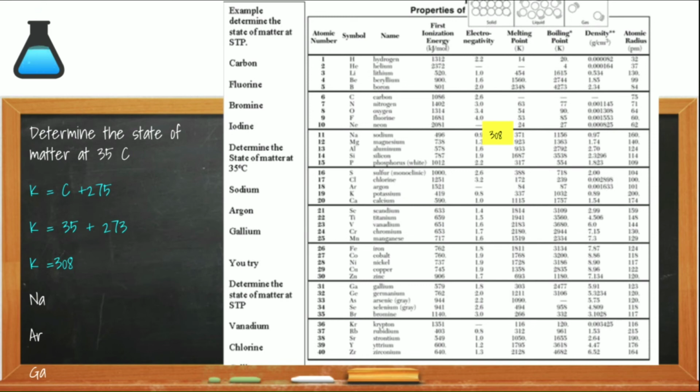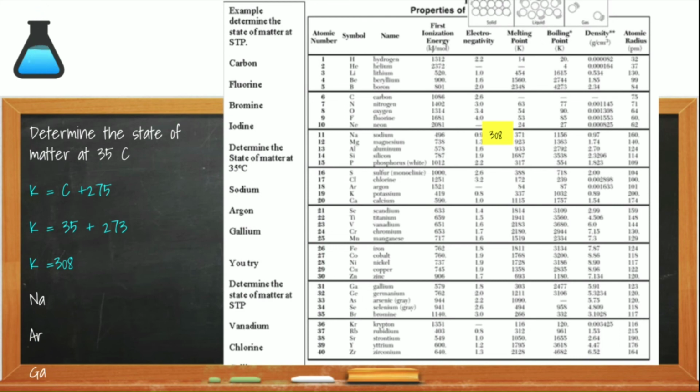So if I want to know the state of matter of sodium, element number 11, at 308, I'm going to take the number 308 and put it in a number line between its melting point and boiling point. So 308 comes before its melting point, making sodium a solid at this temperature.